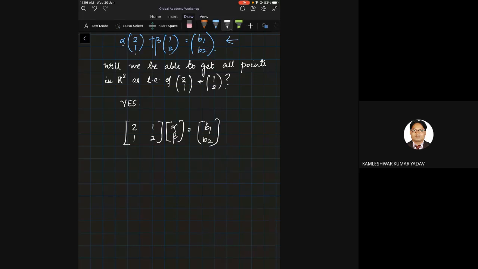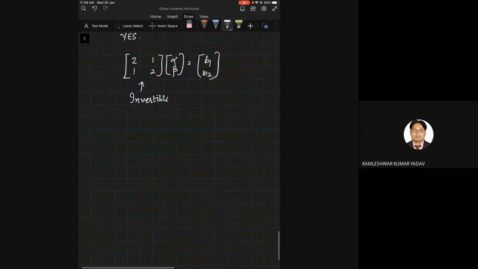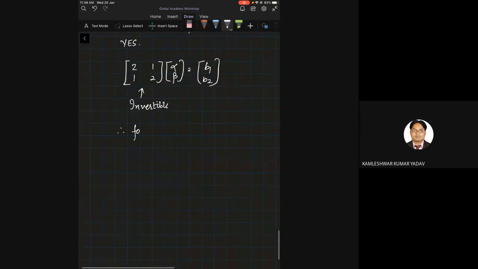Now this matrix is invertible. Therefore, for every vector (B1, B2), we will be able to get (alpha, beta) as A inverse times (B1, B2). Is this right?